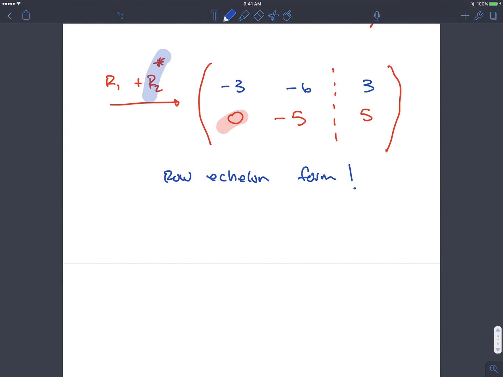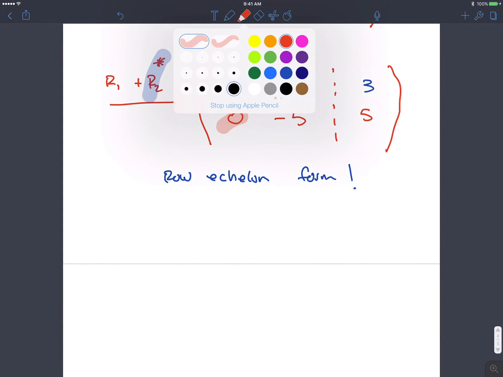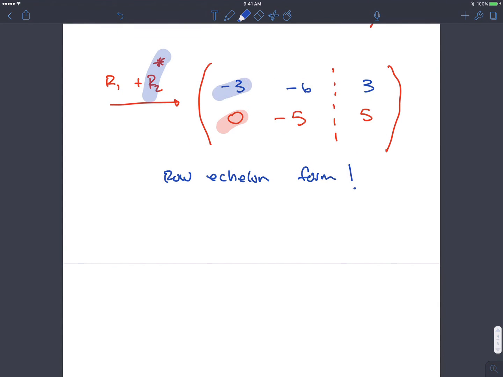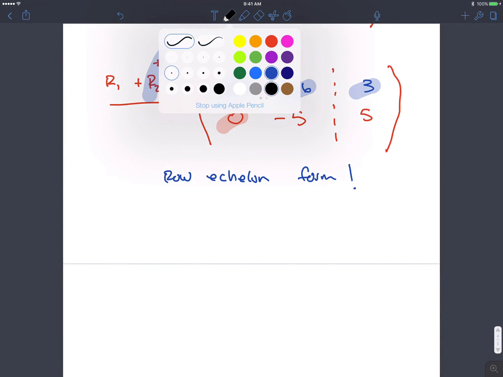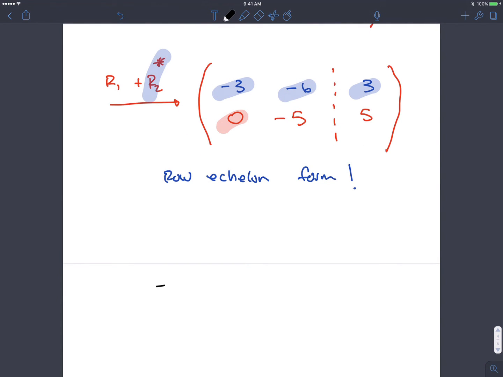Now you might say, well, how do we use this, or what do we do? We're going to remind you that every one of these values that we got, negative 3, negative 6, is a coefficient. This is equal to 3. So that first equation, looking right here, is negative 3x minus 6y equals 3.